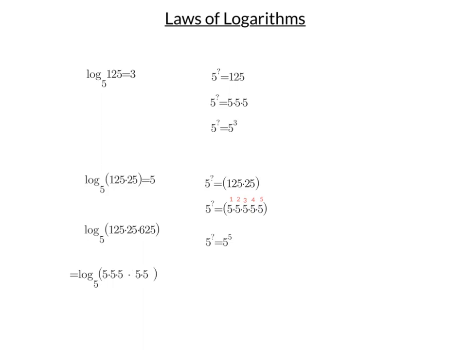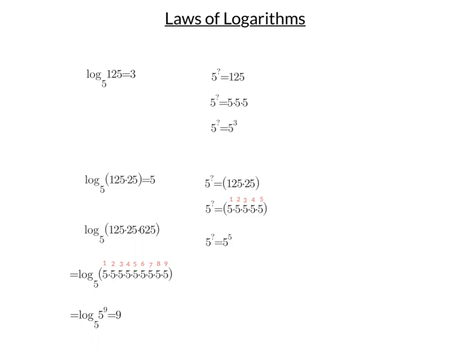And 625 is another 5 times 5 times 5 times 5. And so this is log base 5 of 5 to the power of 1, 2, 3, 4, 5, 6, 7, 8, 9. So the power of 9, and so that just equals 9.